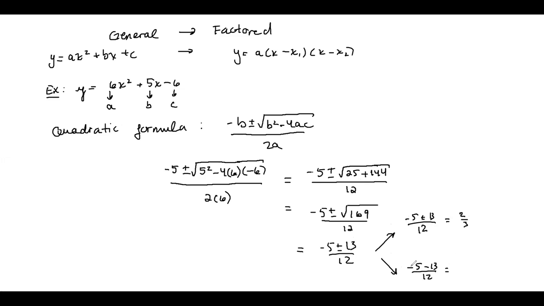And minus 5 minus 13 is minus 18, and minus 18 divided by 12 gives us minus 3/2.